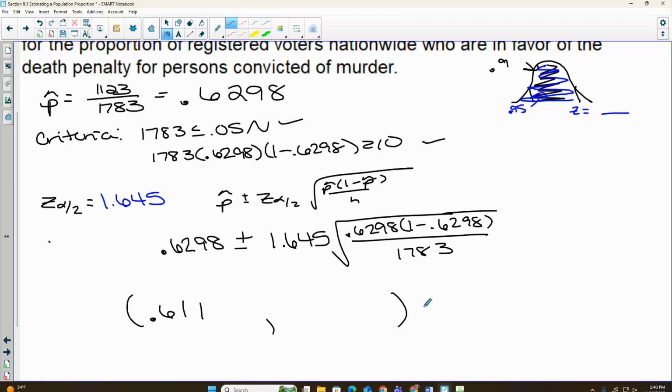We get 0.61098, so 0.611. And then for the upper, you bring it back up and change your minus to a plus. We get 0.646.